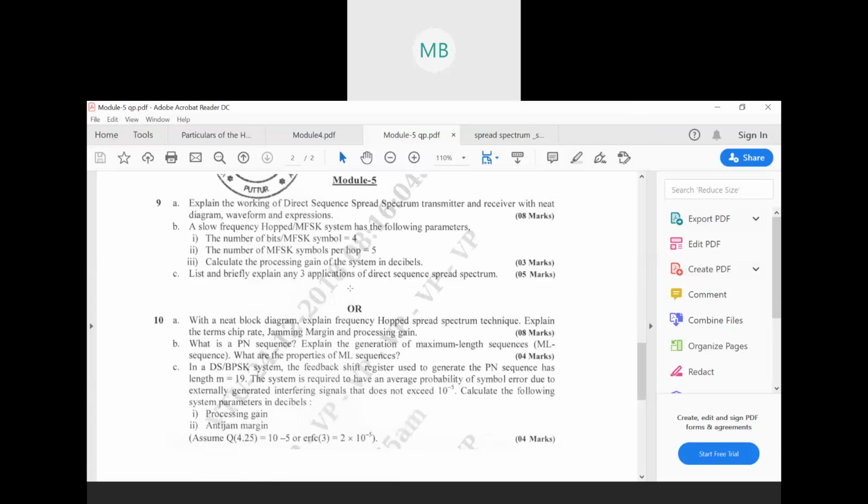So list and briefly explain any 3 applications. Only 3 applications are asked here. So you write any 3 applications and explain it. So it is for 5 marks.